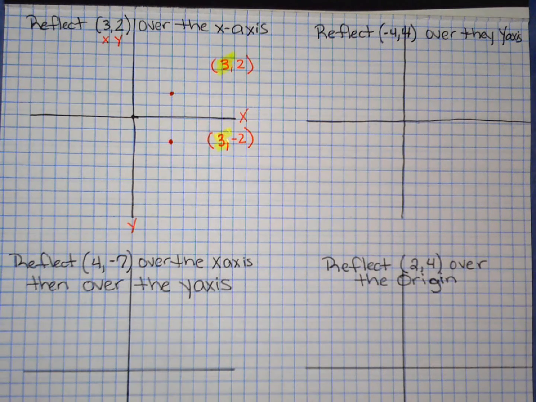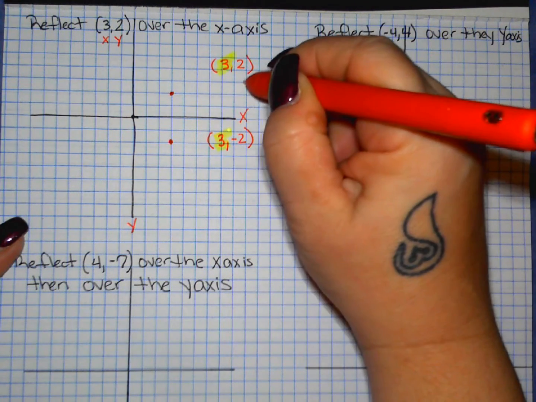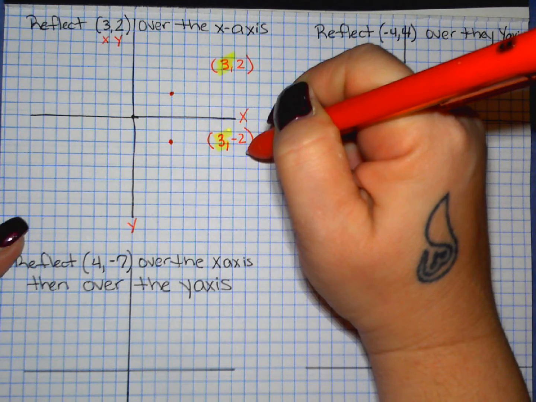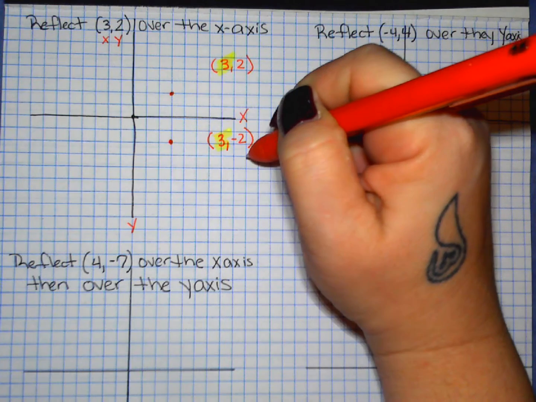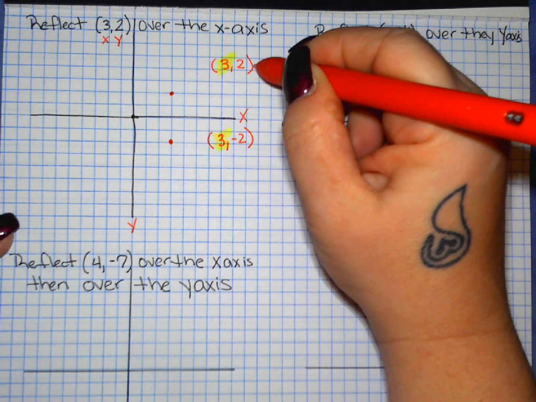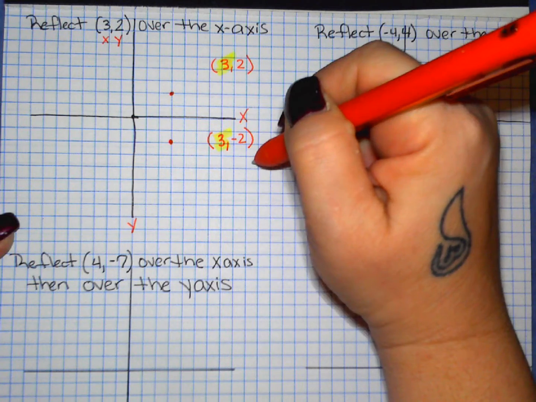So when we reflect over the x, it means that the y changed. And it changed to its opposite integer, didn't it? 2, the opposite integer for 2 is -2, right?